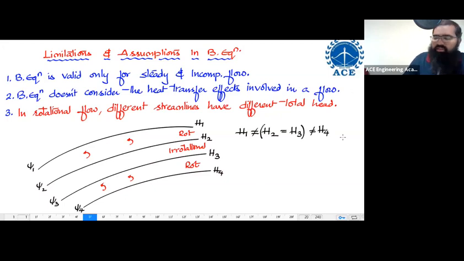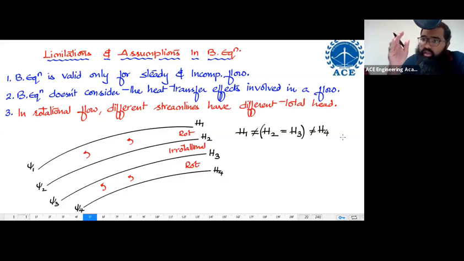This is the concept. Basically, whenever you are having rotational flow, two different streamlines have different total head.